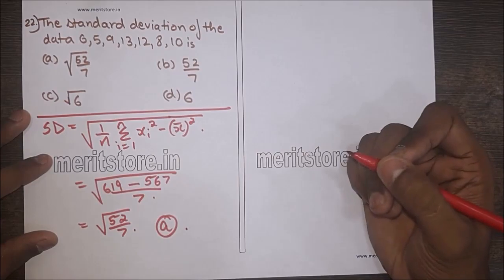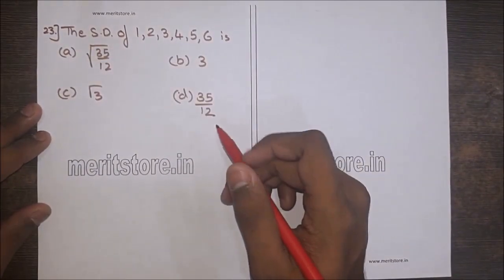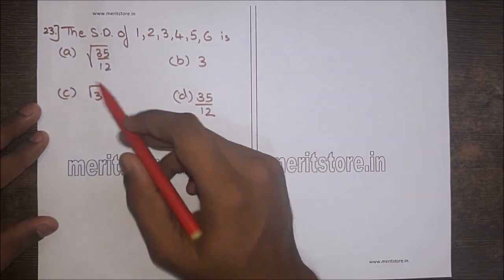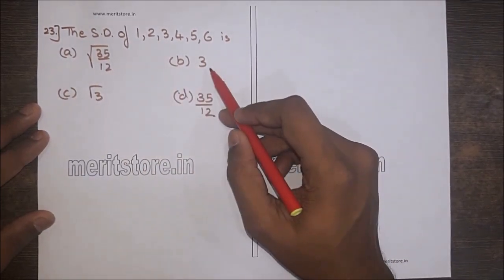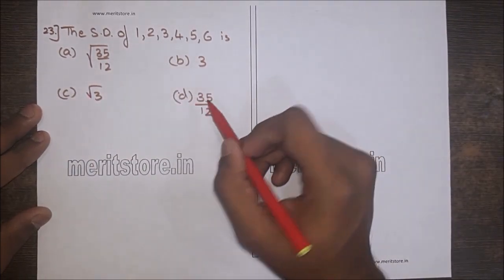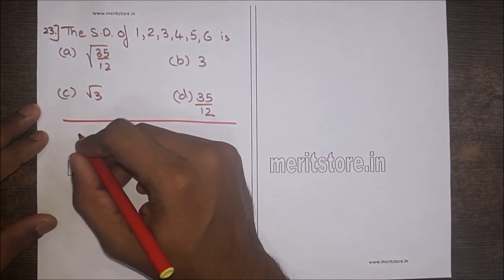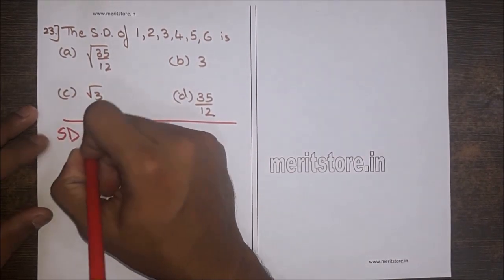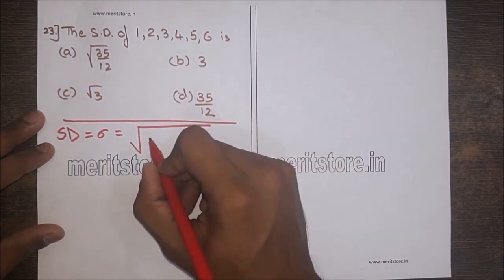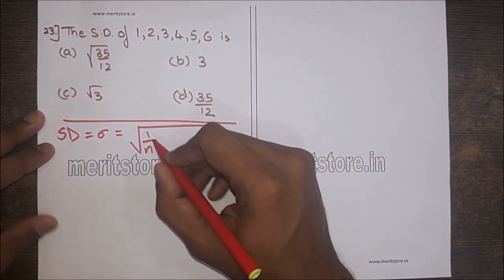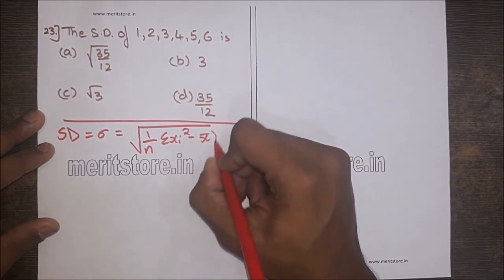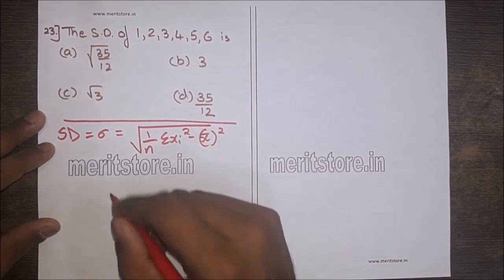Option A. The standard deviation of 1, 2, 3, 4, 5, 6 is root of 35 by 12, B 3, C root 3, and D 35 by 12. Therefore, SD is equal to sigma, which is its symbol, is equal to root of 1 by n summation of xi square minus x bar the whole square.